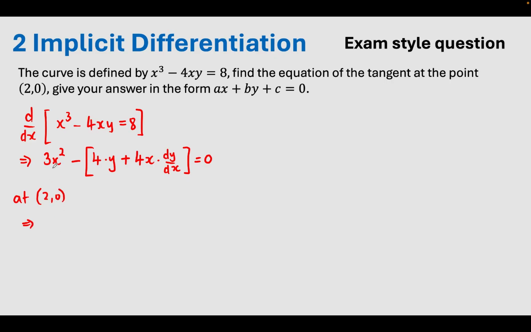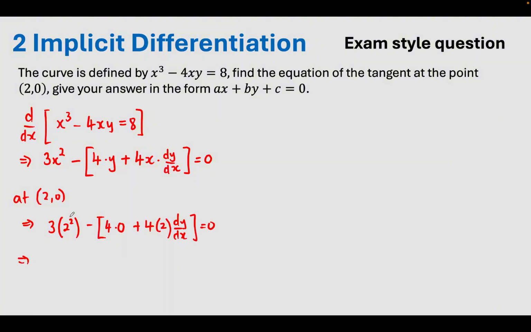So if I do that, I'll get 3 times 2 squared minus 4 times 0 plus 4 times 2 dy/dx, and that must equal 0.